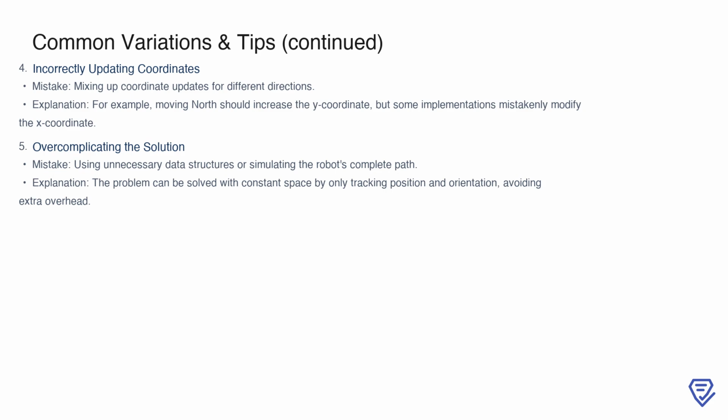Some people use unnecessary data structures or attempt to simulate the robot's entire path step by step, which adds extra overhead. This problem can actually be solved using constant space by simply keeping track of the robot's position and orientation. Streamlining your approach not only improves efficiency but also makes your solution easier to understand and debug.